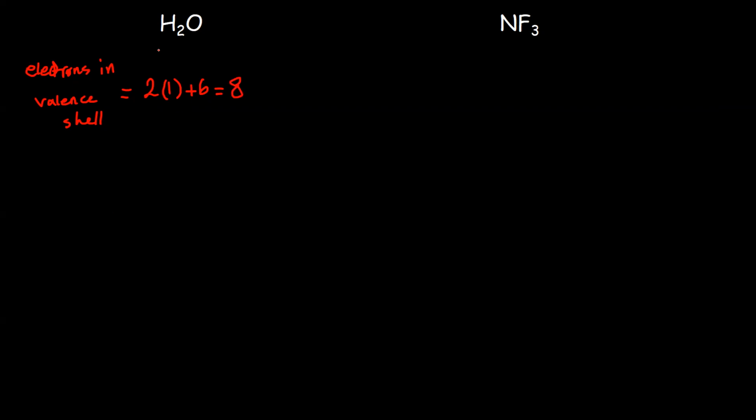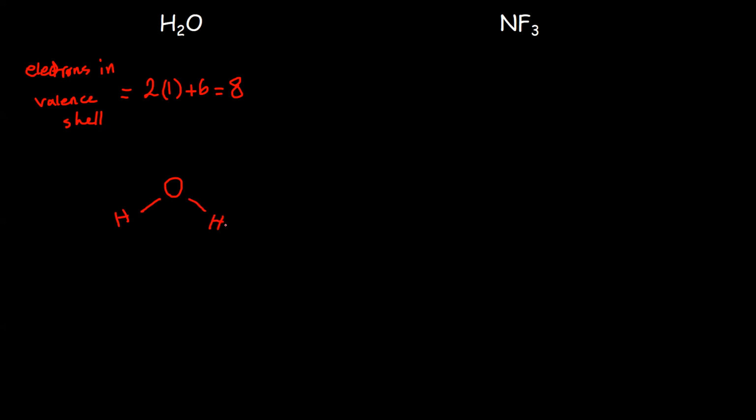Then we need to see which atom is our central atom. Usually our central atom is the atom that is less electronegative. But in this case, oxygen, we have less oxygen, and also hydrogen can only have 1 bond. So oxygen is our central atom. I put oxygen, that is our central atom, and then I put the other 2 elements around that. So I put 1 single bond, 1 hydrogen, 1 single bond, 1 hydrogen.